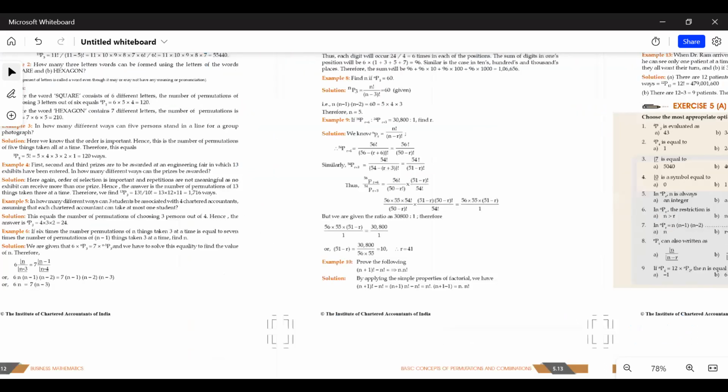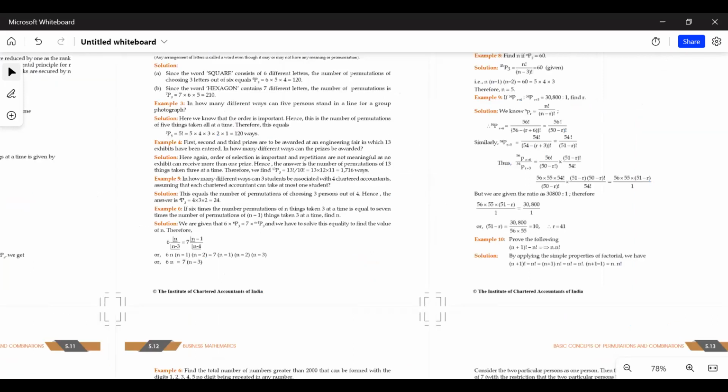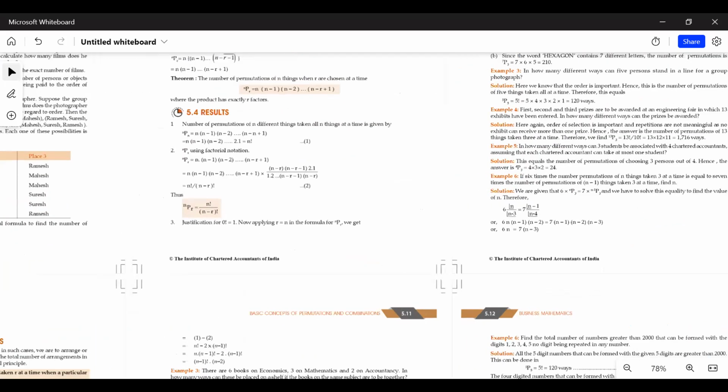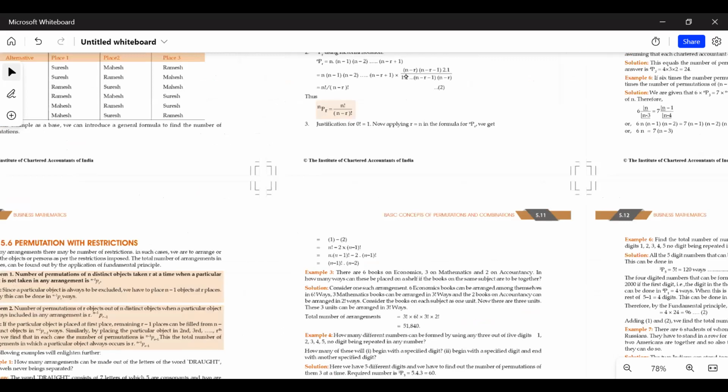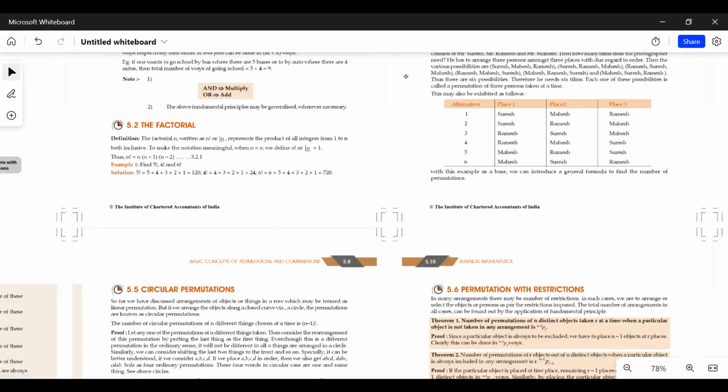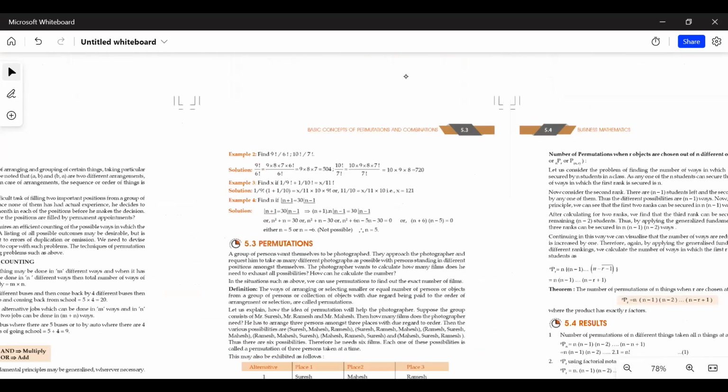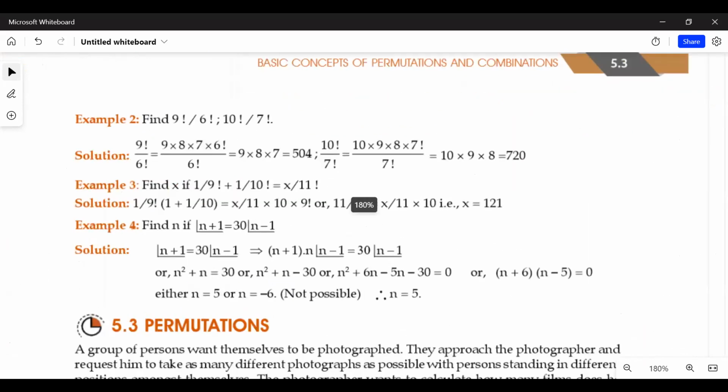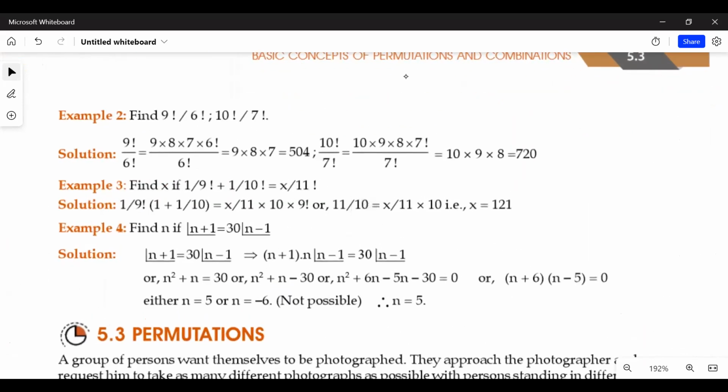I believe you all are sitting with your notebook and your CA textbook. Come to page number 5.3. Just solve these examples, 2, 3, 4.